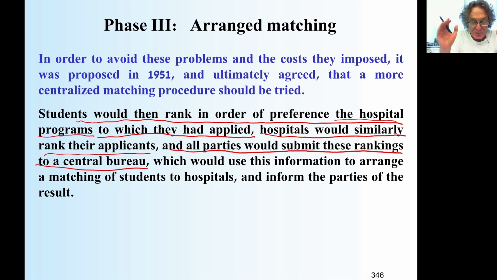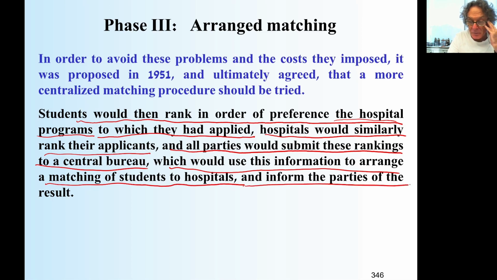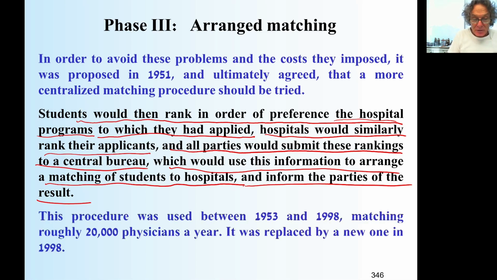The students send all their preferences to a central bureau, and the same central bureau also got the ranking of the applicants from the hospitals, which would use this information to arrange a matching of students to hospitals and inform the parties of the results. So they did it in the central bureau, not the hospital nor the students. The students just send rankings, the hospital sends rankings, and the question is how to do it.